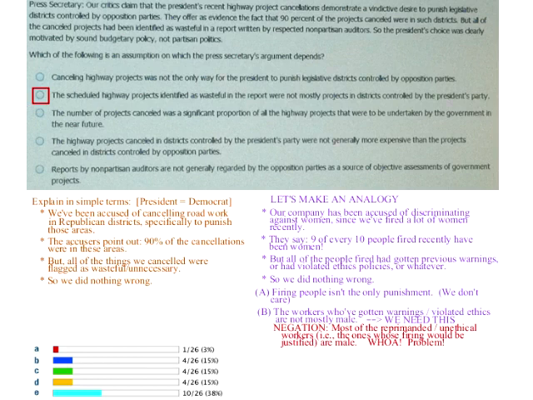So C is the number of projects canceled was significant. This just means we fired a high percentage of our people. That's not relevant. We fired a large percent of our employees, we don't care. That's not at issue here.